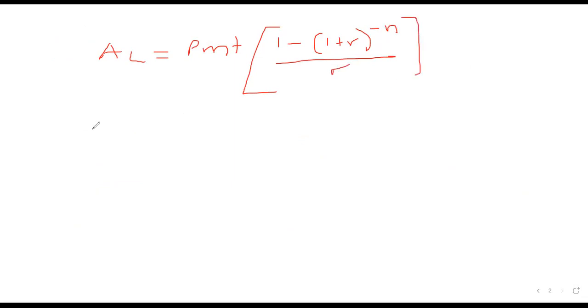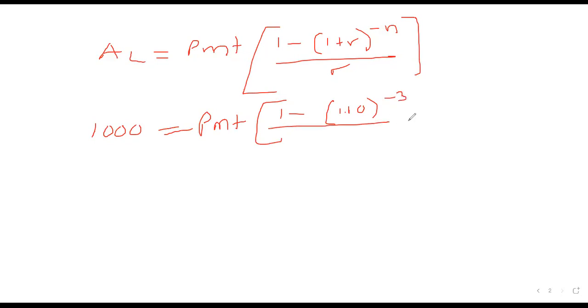So our amount of loan is 1,000. The periodic payment is what we're looking for. So here we have 1, our interest rate is 10%, and time is 3, over the rate of 10%.